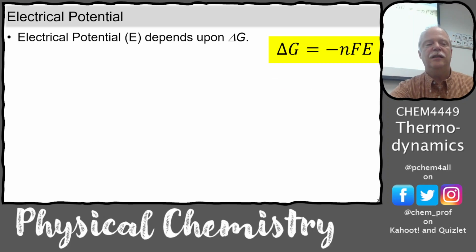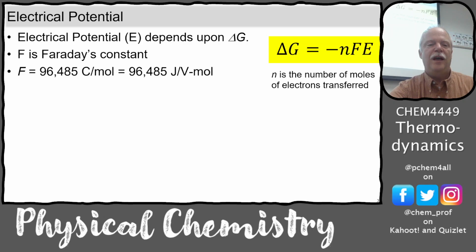So that's what E is. E is the electrical potential. F is Faraday's constant, and Faraday's constant has a couple of different forms. It could be coulombs per mole, or it could also be joules per volt mole. So this is a way to turn that joules per mole in the delta G into volts.